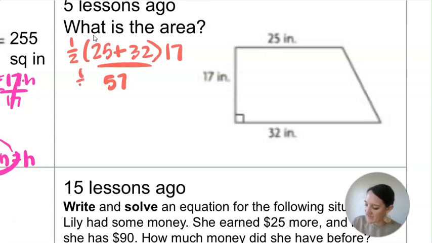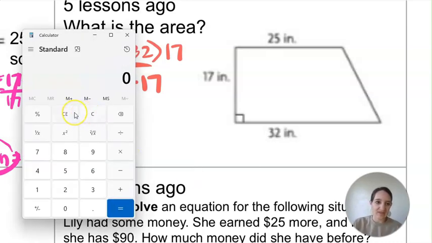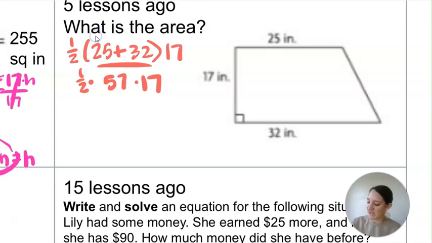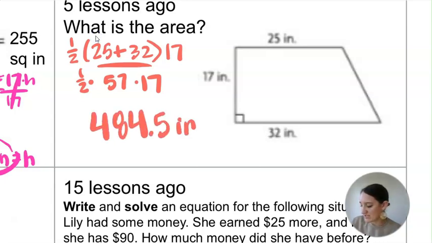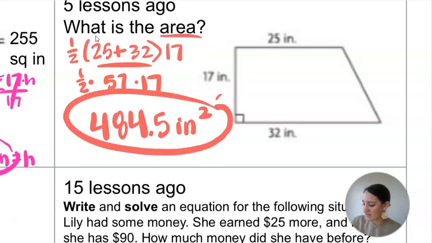Now I need to take half of that, and so times it by 17. I'm going to plug that whole thing in my calculator. So clear, 0.5 times 57 times 17, 484.5 inches. This one was area, so that's why I included the squared right there.